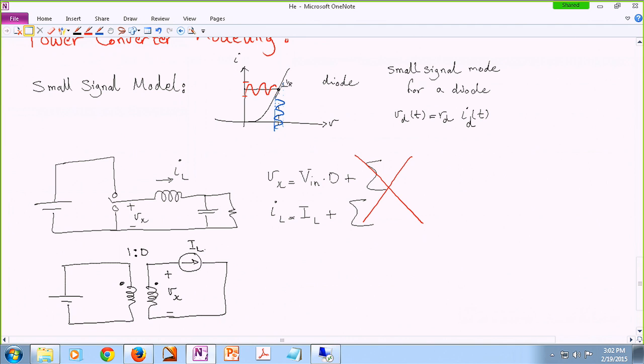The DC model for my converter is basically a DC transformer. Vx on the output of the transformer is Vin times D, and IL will be reflected to the primary side. So first is a DC analysis.